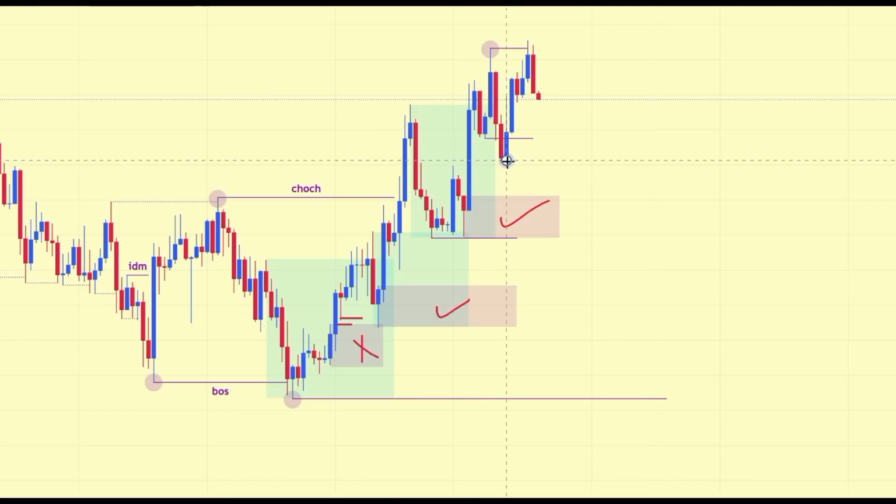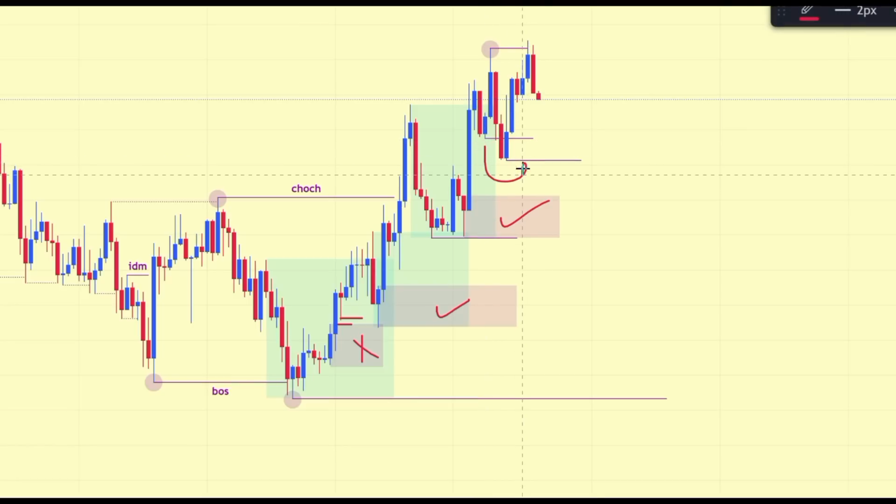And so this one here becomes our new major inducement. And in this scenario, since this one here is not a valid retracement, this one here cannot be confirmed as a valid break of structure, and that's the reason why this major inducement shifts here.